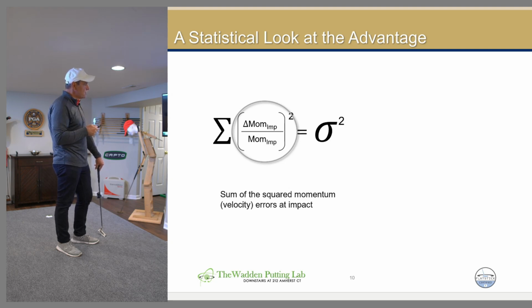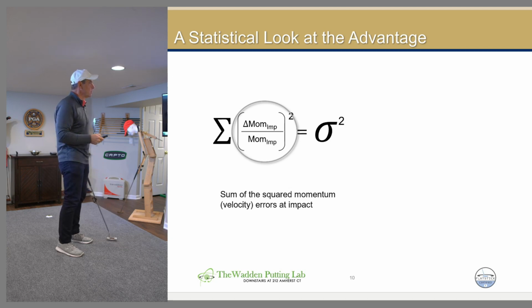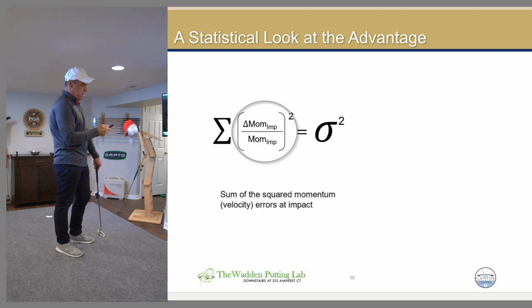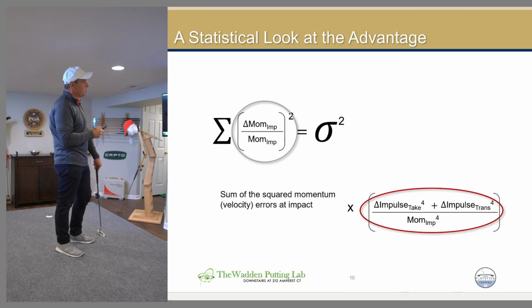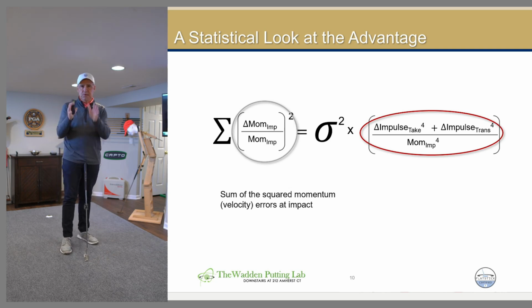But if you remember from college statistics, the variance, which I've shown here as classic sigma squared, is equal to the sum of the speed errors relative to our intended speed, the speed we meant to hit the putt. But Grober in his paper proved that the overall variance was multiplied by another term, and this term is basically the balance or imbalance of the cumulative takeaway forces and the cumulative transition forces.